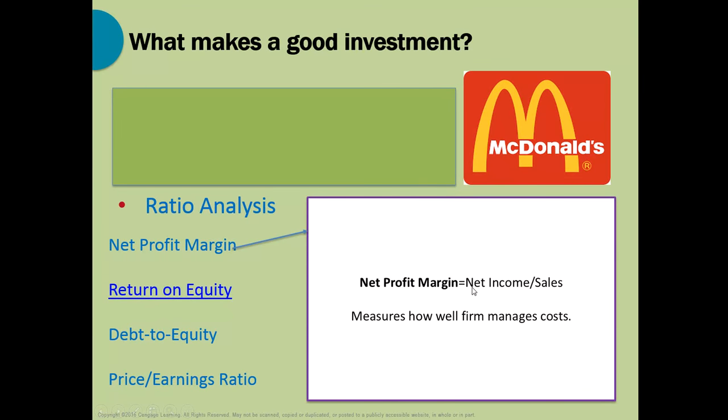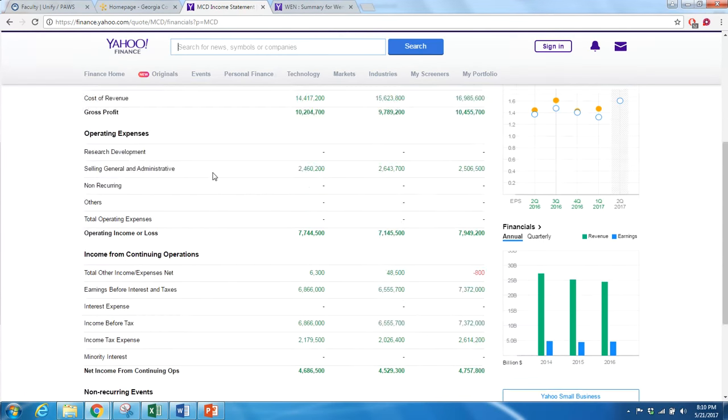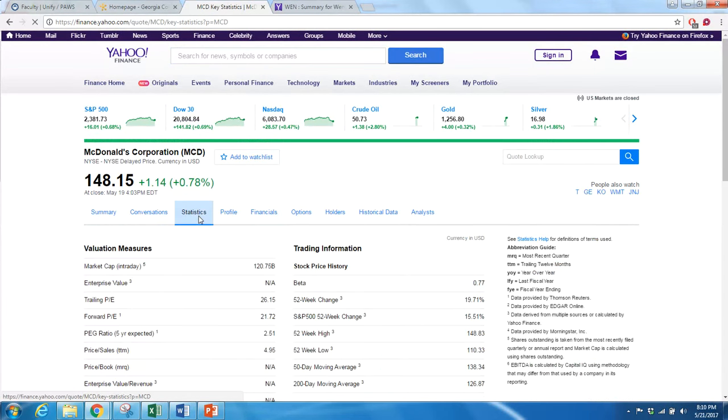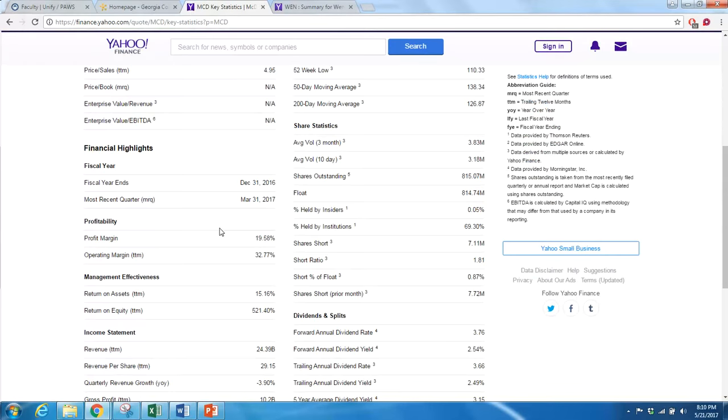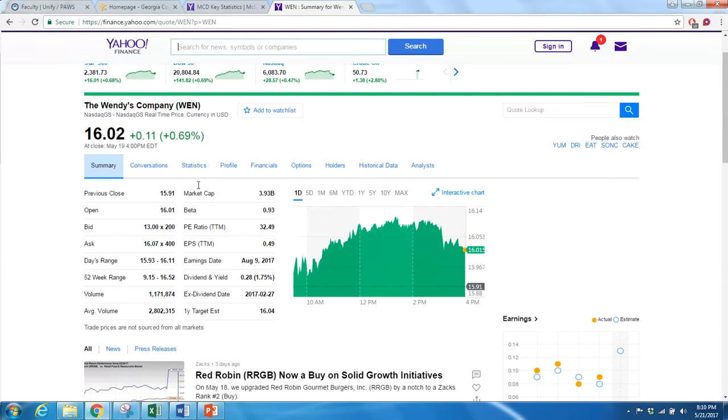So one firm that has a large amount of revenues but only a small amount of net income is really high cost. They're not being very efficient. But a firm that has a lot of sales and a lot of net income, they're being really efficient at turning those sales into profit. And so we could look at McDonald's. If we come over to statistics, you could find the net profit margin of 19.58%. If we look at Wendy's, we can do the same thing.